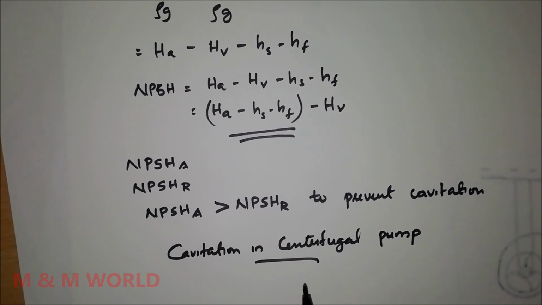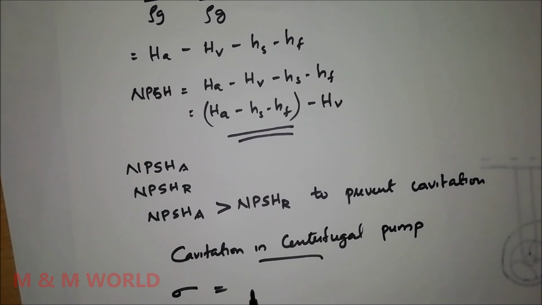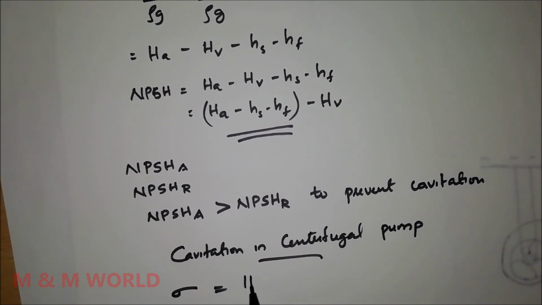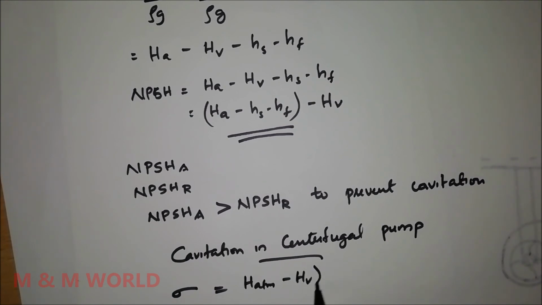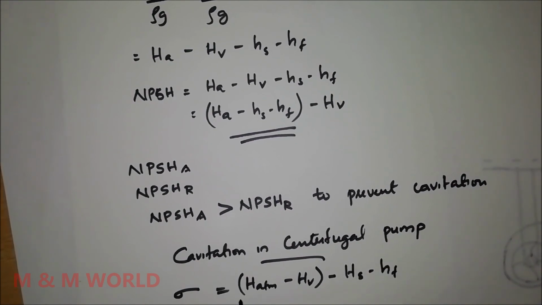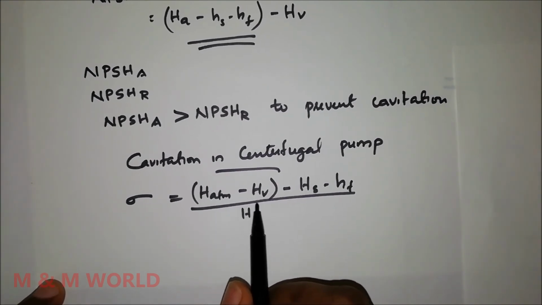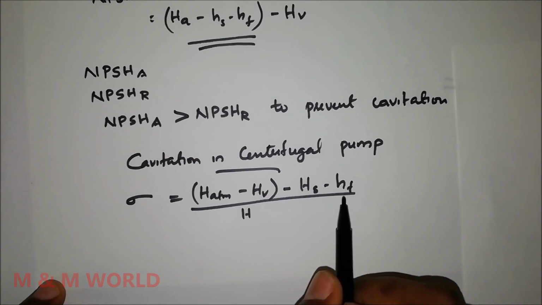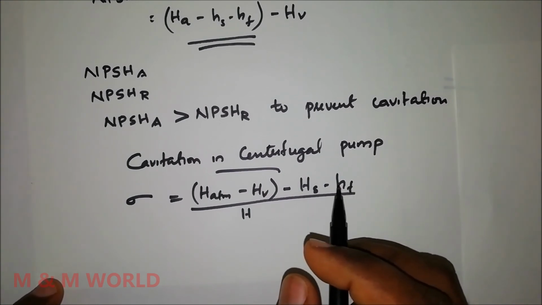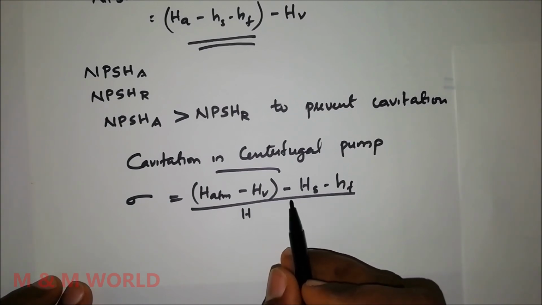So the value of Thoma's cavitation factor sigma is equal to H atmospheric minus Hv minus Hs minus Hf divided by H. So we know the equation for sigma in case of centrifugal pump, that is H atmospheric minus Hv minus Hs minus Hf by H. And in case of pump, H is equal to Hm.